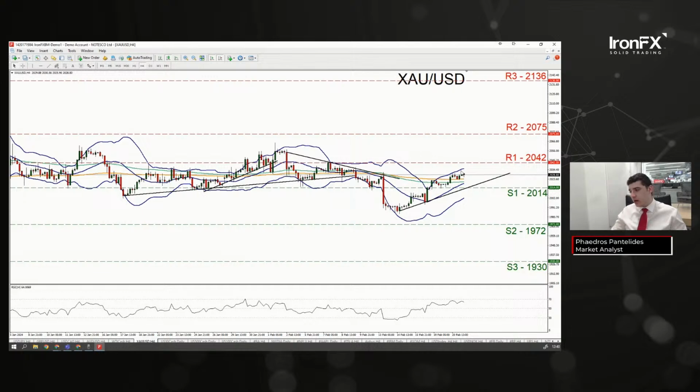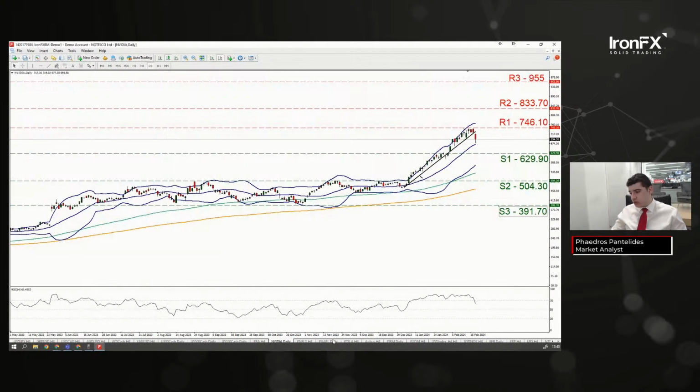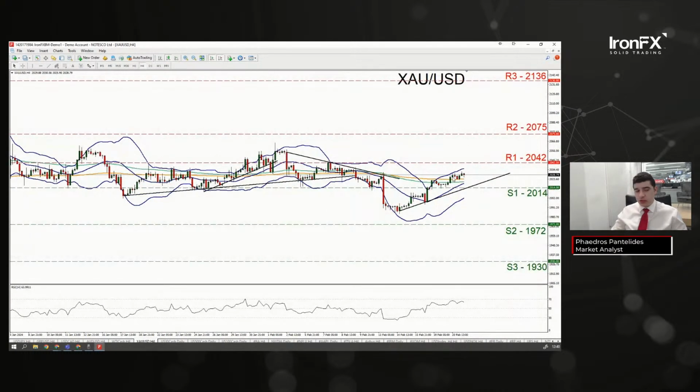So we've got an upwards moving trend line. Bollinger Band is tilted to the upside. RSI higher. So all point towards a bullish outlook for the precious metal. There's also tensions in Asia between China and Taiwan, which could actually funnel some safe haven inflows into the precious metal as well. So that might be providing some boost for gold today.